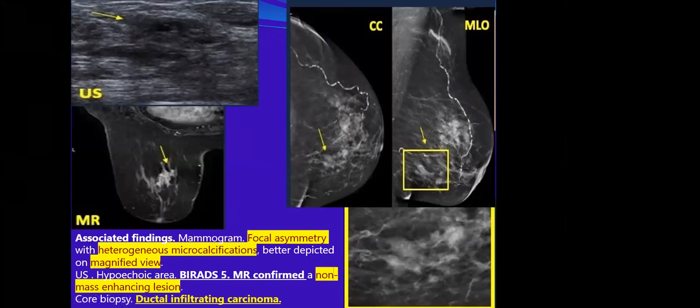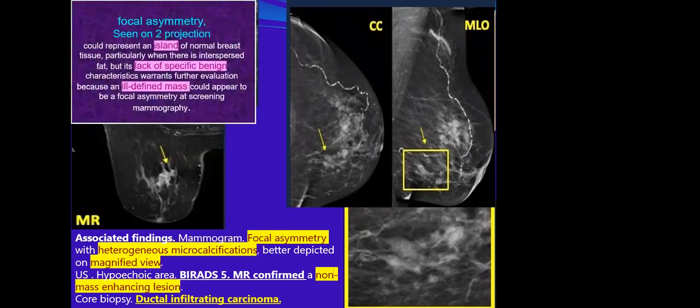So the presence of this heterogeneous microcalcification associated with asymmetry increases the level of suspicion. Ultrasound demonstrates an irregular, indistinct hypoechoic area, and MRI demonstrates non-mass enhancement. So it became BI-RADS 4, and biopsy revealed infiltrative ductal carcinoma.